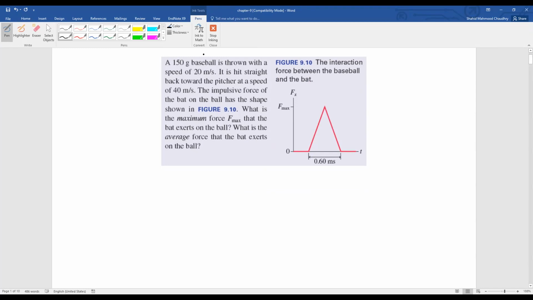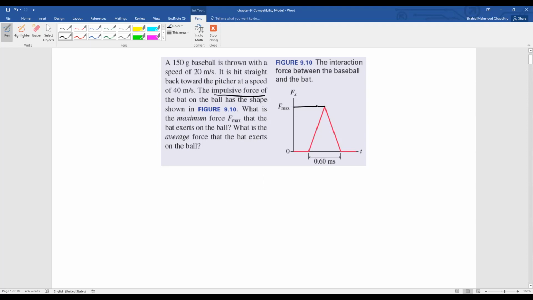A 150-gram baseball is thrown with a speed of this, and it is hit straight backward at the pitcher at a speed of 40 meters per second. The impulsive force of the bat on the ball has the shape shown in the figure, so this graph is given. What is the maximum force that the bat exerts on the ball? What is the average force? So we have to find this one.